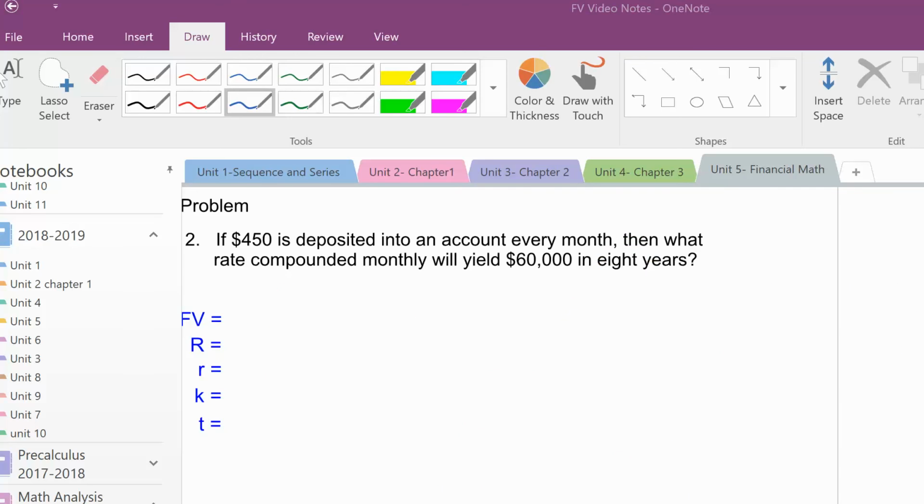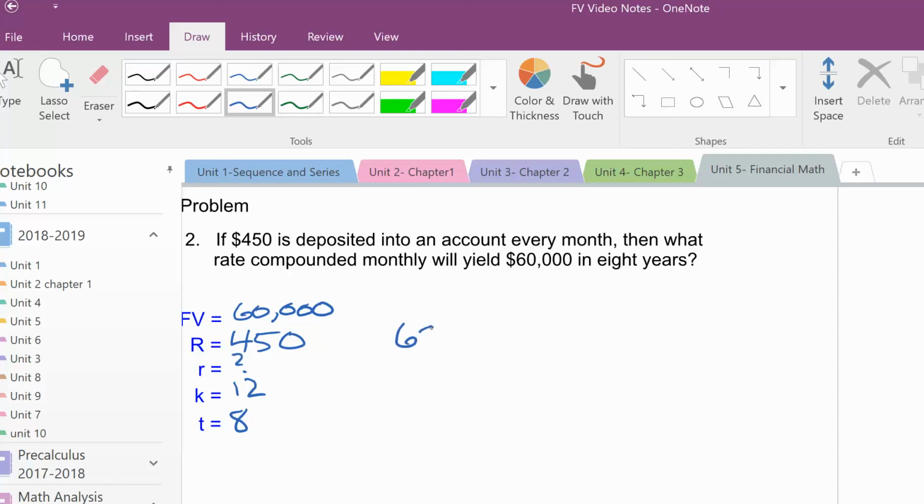All right, so the last problem, you're going to find the rate. It says if $450 is deposited into an account, so that's your deposit every month, then what rate compounded monthly will yield $60,000, so that's the future value, in 8 years compounded monthly.